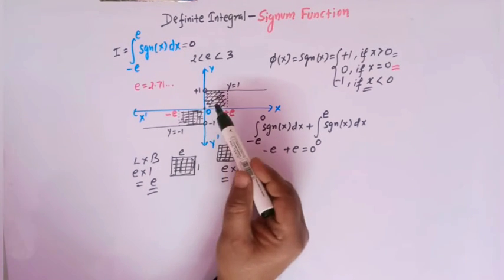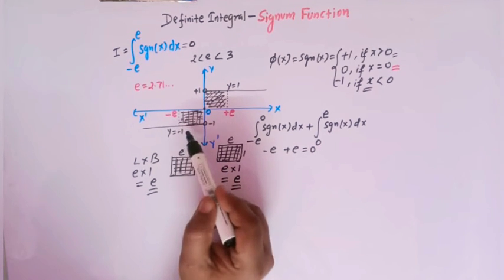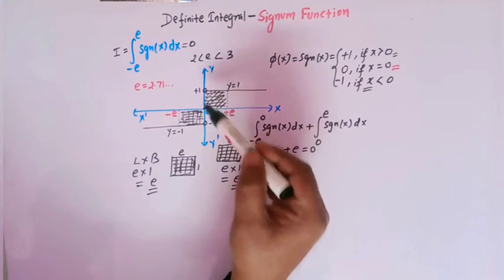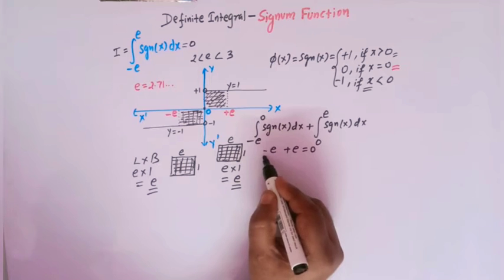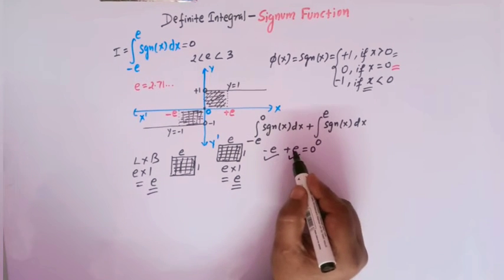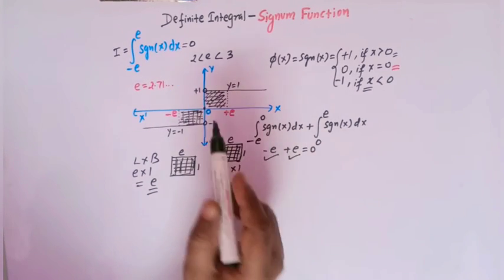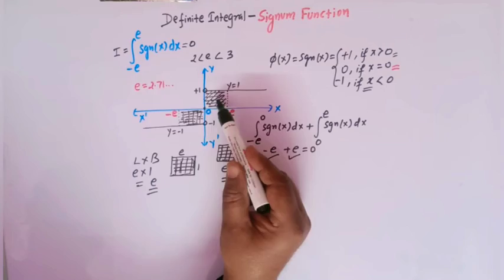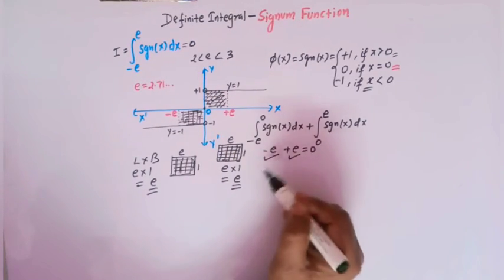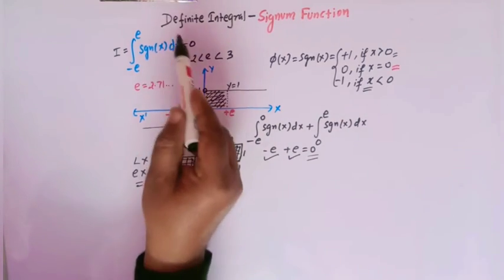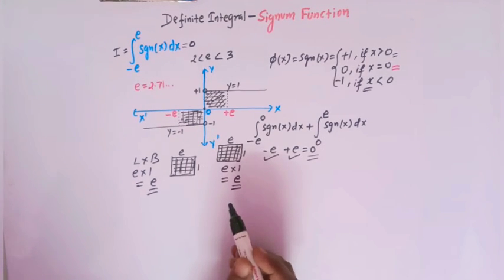The areas are equal, but this rectangle lies below the x-axis and this one lies above the x-axis. So the two areas, the first one is minus e and the other is e, and these two areas cancel each other, and the value of the integral is equal to 0, right?